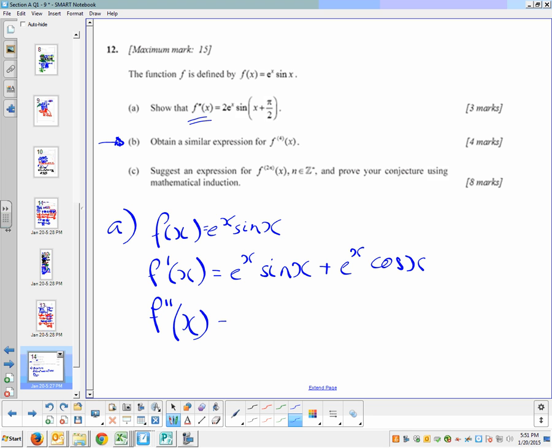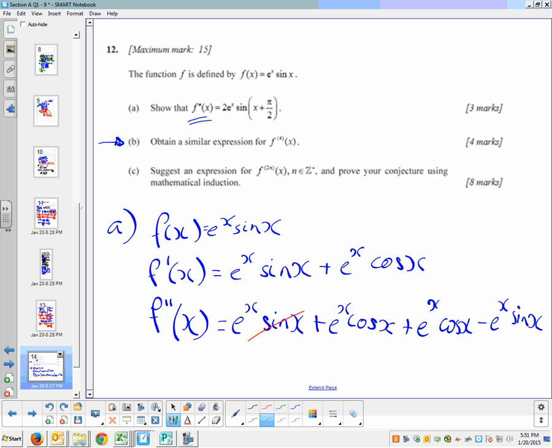So e to the x sine x differentiates to the same thing again, e to the x sine x plus e to the x cos x. And e to the x cos x differentiates to e to the x cos x minus e to the x sine x. These bits cancel, and you get 2 e to the x cos x.